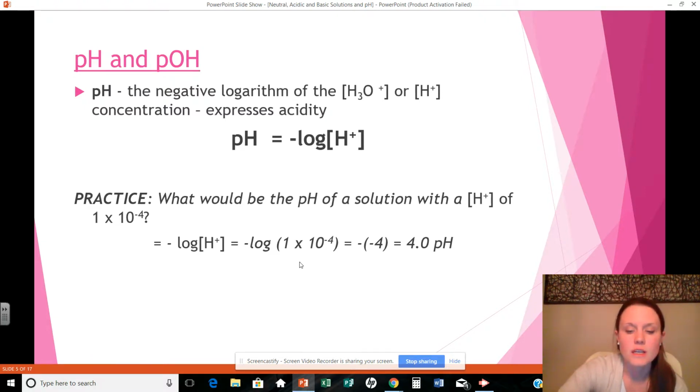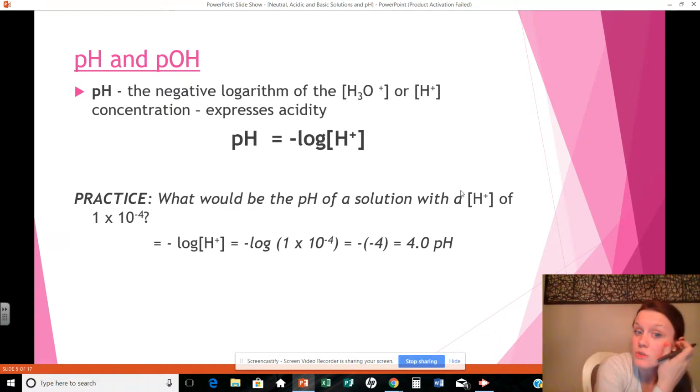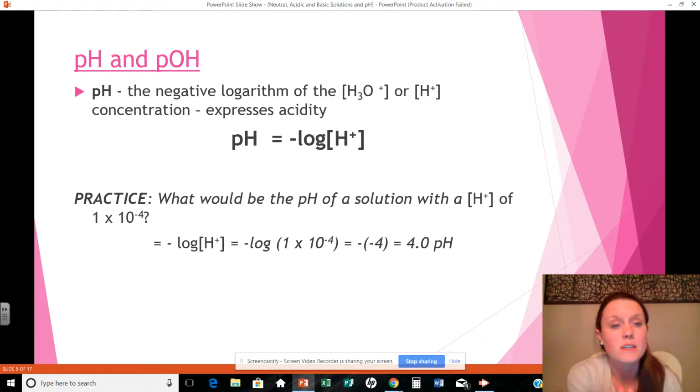All right. Now, if these are our definitions for what a neutral, acidic, and basic solution is, we need to have ways of measuring that. All right? So, because in order to define something as an acid or a base, you need to know your hydrogen and hydroxide concentrations. We need to know, how do we measure hydrogen and hydroxide concentrations? And we measure those things with a calculation called pH or pOH.